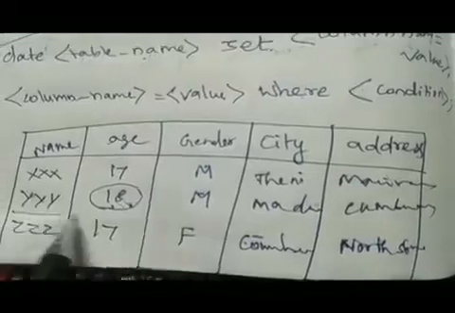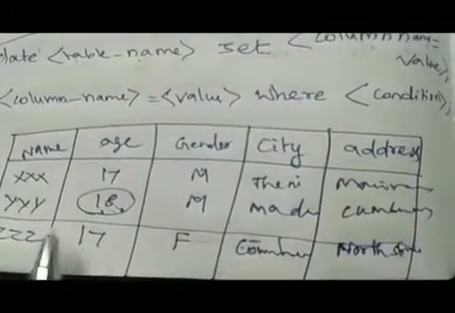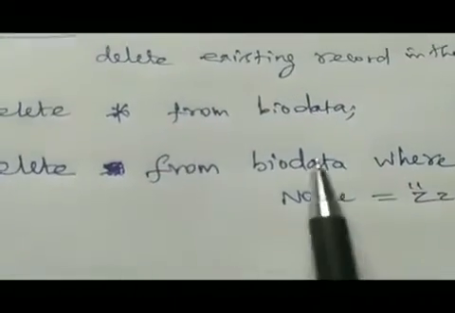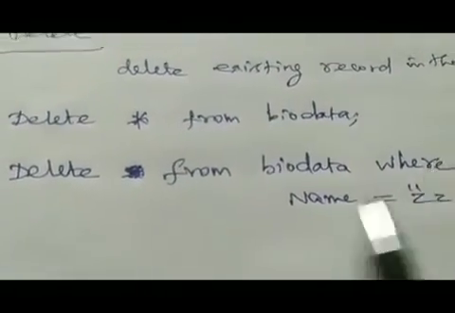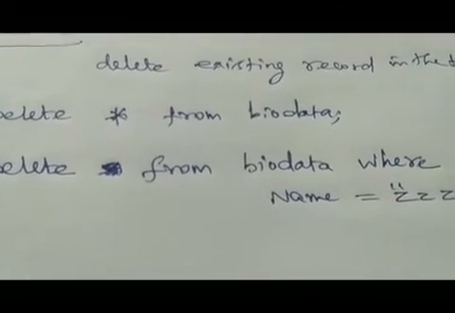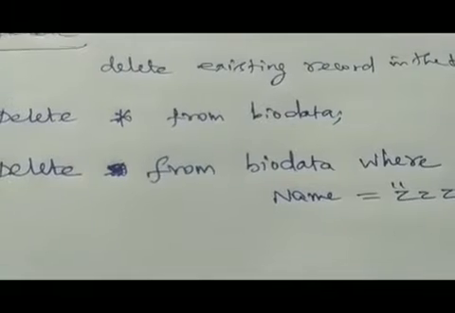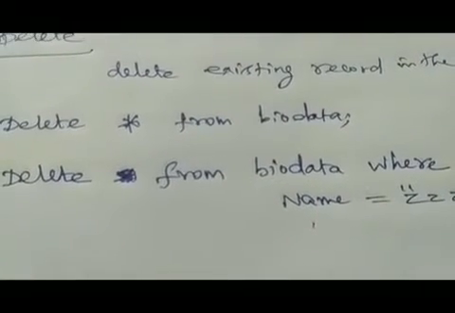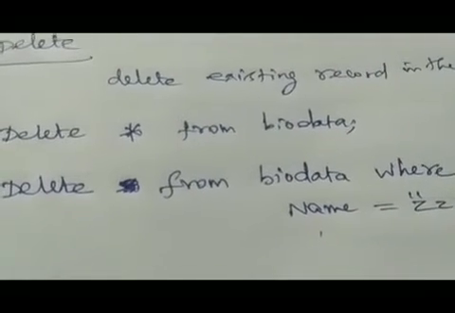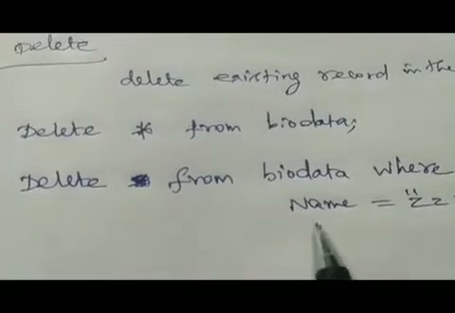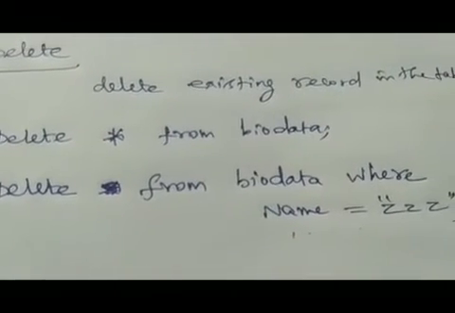Only these two rows remain and the third row gets deleted. So delete from table name where name equal to ZZZ. The unique column we have to specify. Here we can't specify age equal to 17. If we specify age equal to 17, what will happen? All the records have the same value, so the entire table gets deleted. All the three records get deleted when we specify age equal to 17.